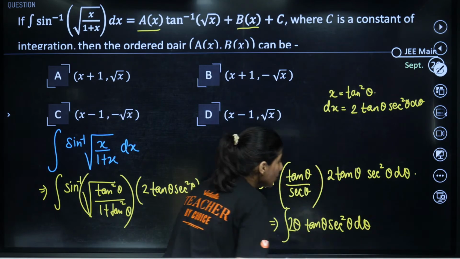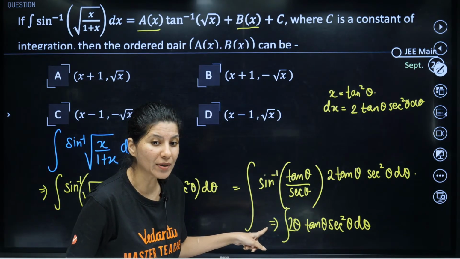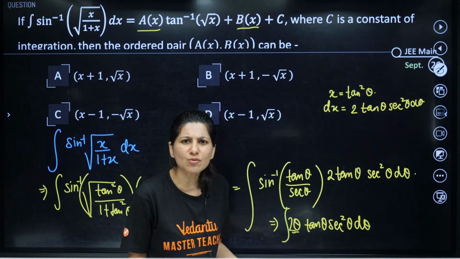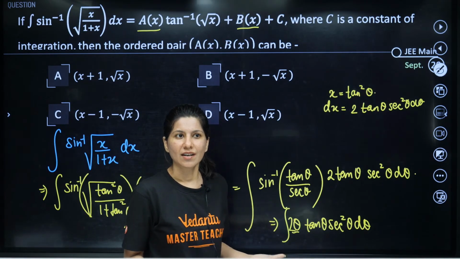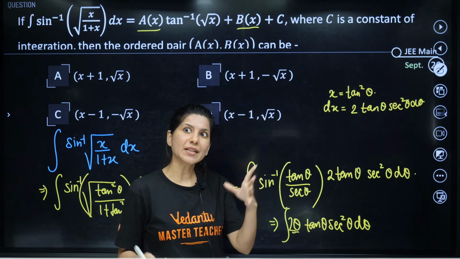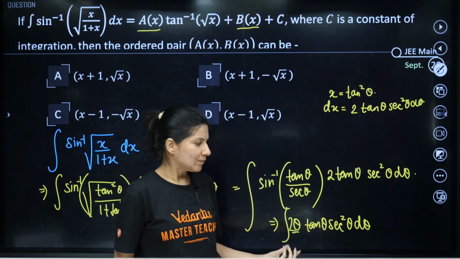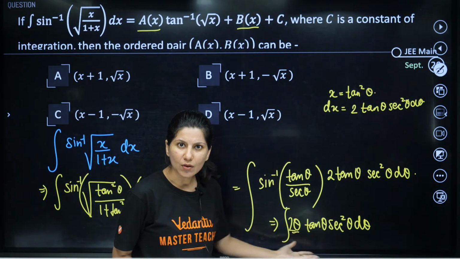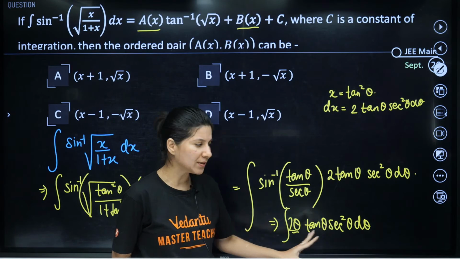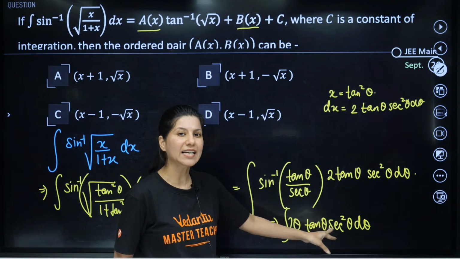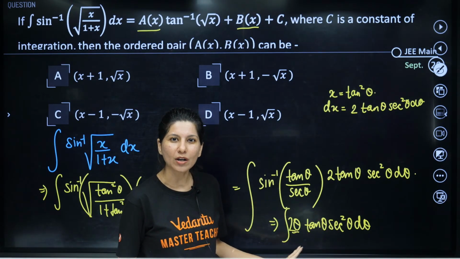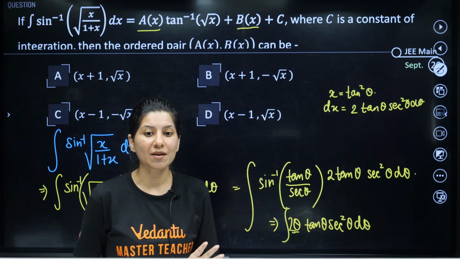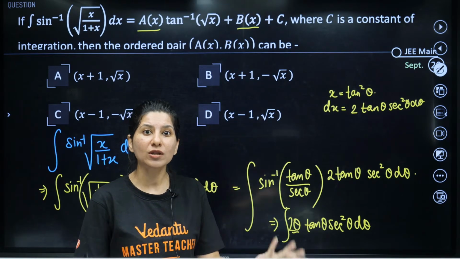The moment you see this, it is actually a combination of algebra and trigonometry. Theta is an algebraic function. Don't think that theta means trigonometry. If you convert this in x, for example, 2x tan x sec square x, then x is algebra. Anushri was asking, ma'am, what will happen if both functions are algebraic?